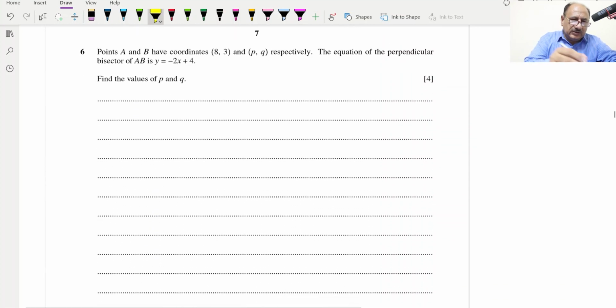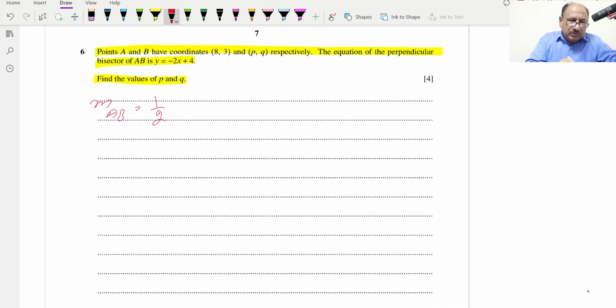Now question number 6 says points A and B have coordinates this and this respectively. The equation of the perpendicular bisector of AB is this one. Find the value of p and k. So the gradient of AB will be 1 by 2.